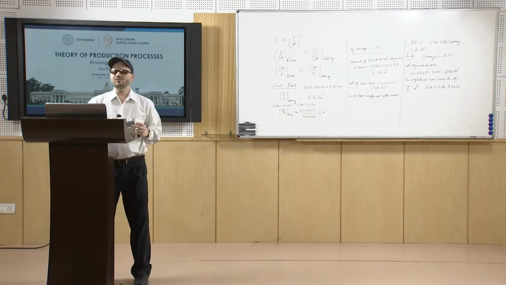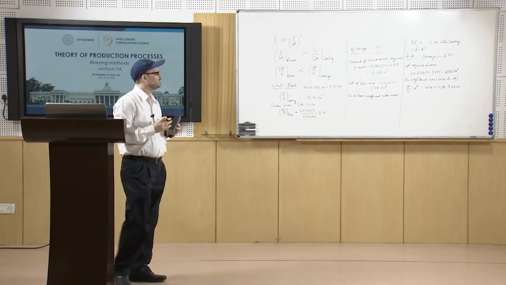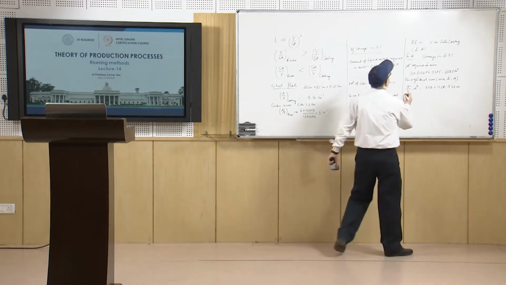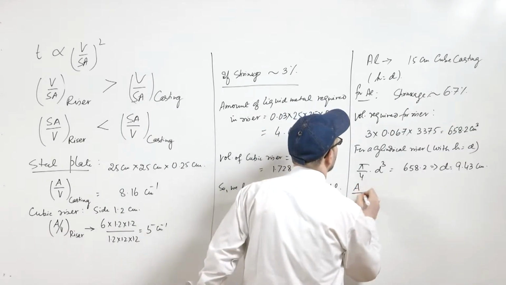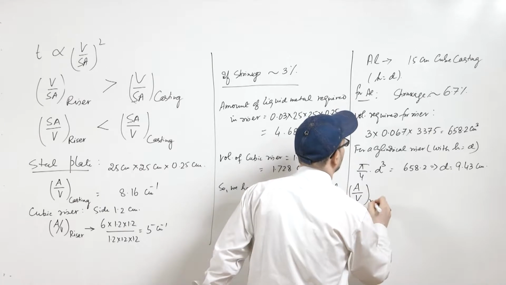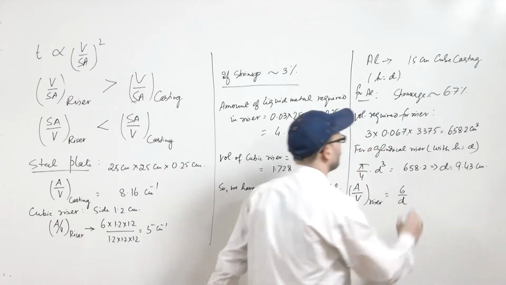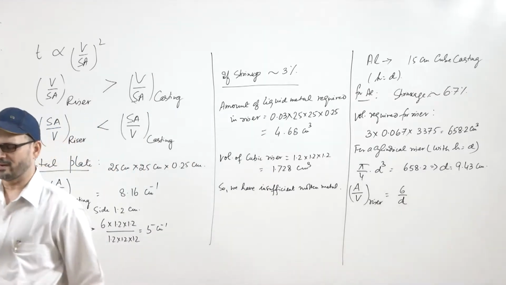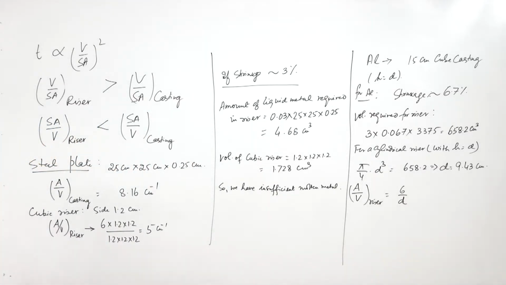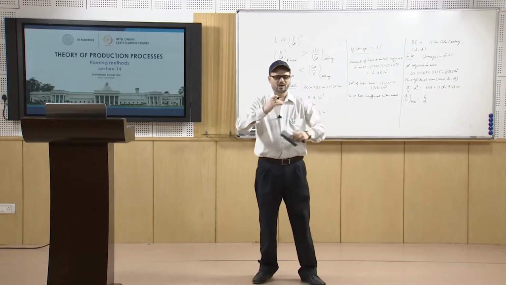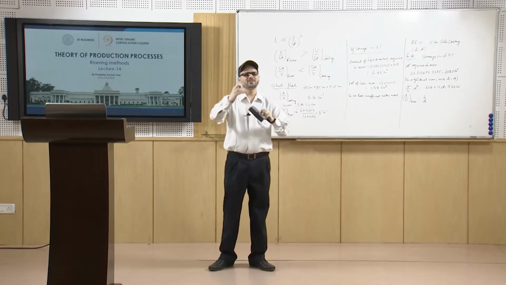Now, we can find the A by V of the riser and A by V of the casting. A by V of the riser will be 6 by D when H equal to D, and when both the top and bottom surfaces as well as the curved surface take part in the heat extraction.